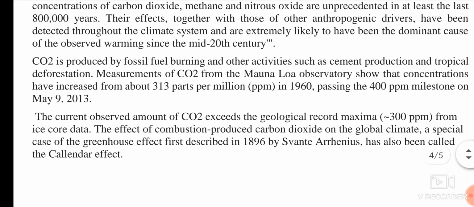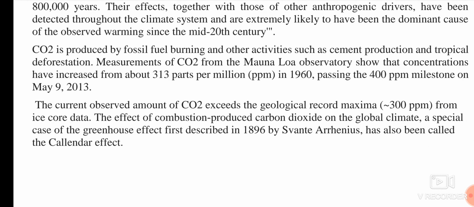The current observed amount of carbon dioxide exceeds the geological record maxima from ice core data. The effect of combustion produced carbon dioxide on the global climate, a specific case of the greenhouse effect first described in 1896.